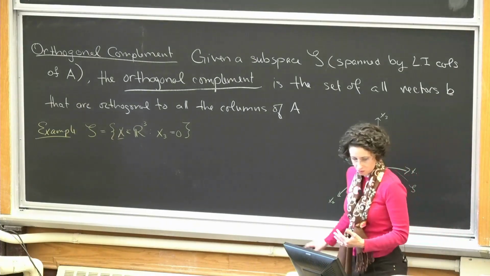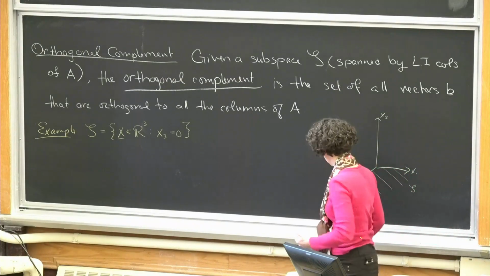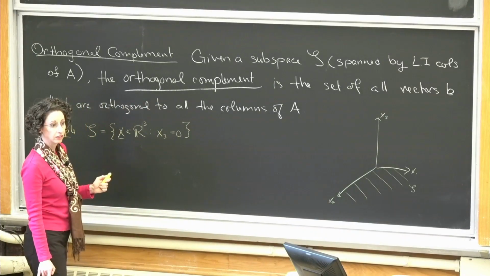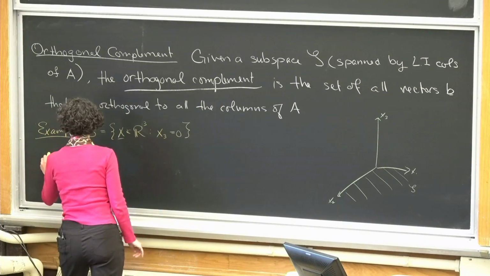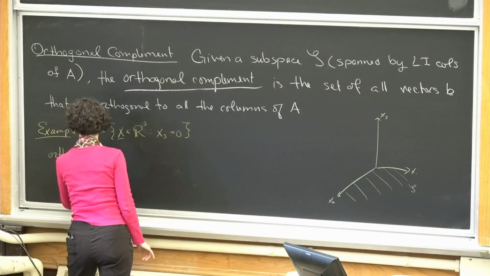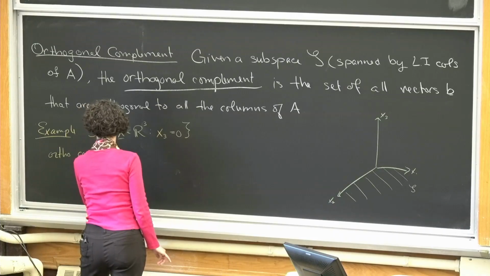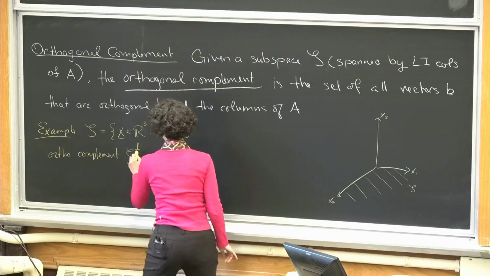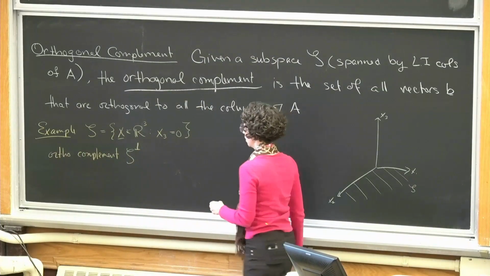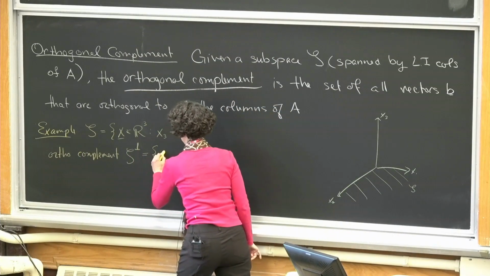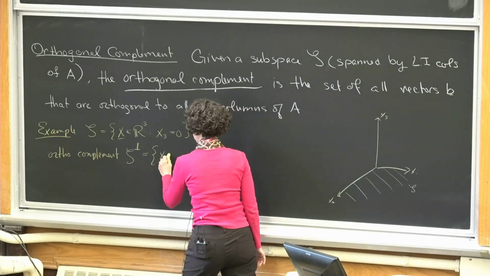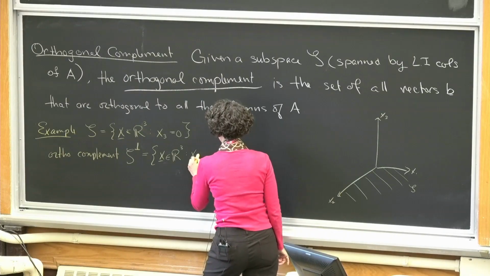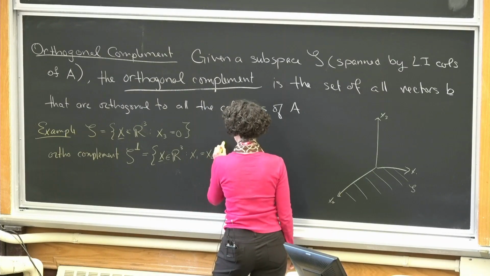Okay, so now we can think about, what is the orthogonal complement? Any thoughts on what that might be? Exactly. So the orthogonal complement, which I'm going to write as S with a little perpendicular sign as a superscript, is going to correspond to all the vectors x that are also in 3D, where the first coordinate and the second coordinate are equal to 0.